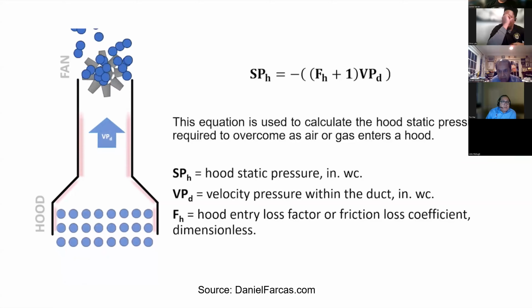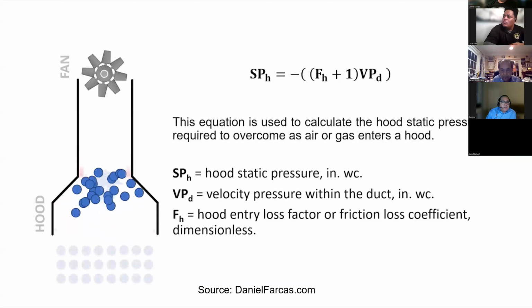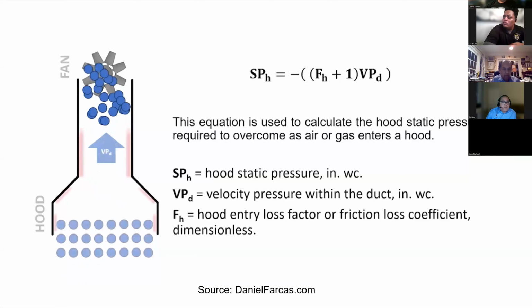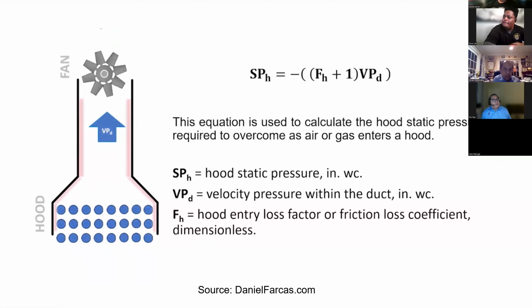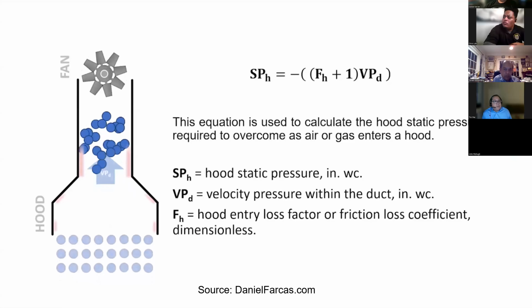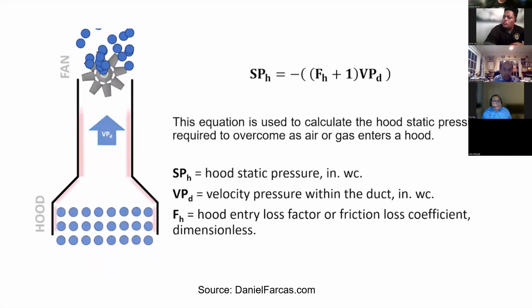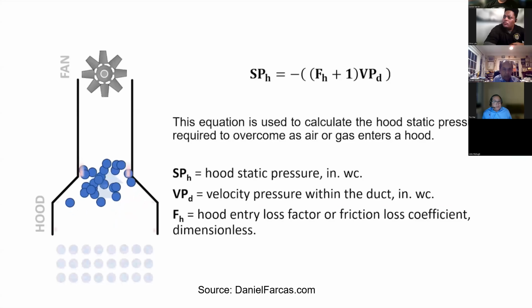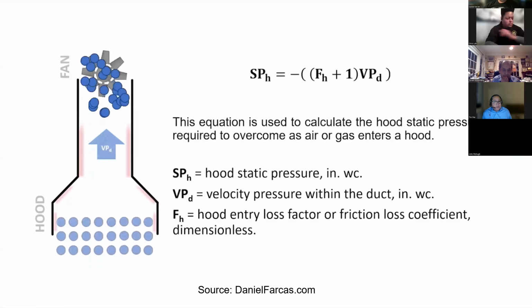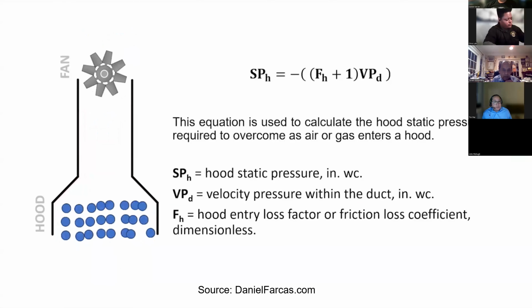As you can see in the animation, the gas or air molecules exhibit a resistance to the airflow within the hood. There are some other variables that are not pictured in this animation that will slow down the airflow, like a grill or a filter.